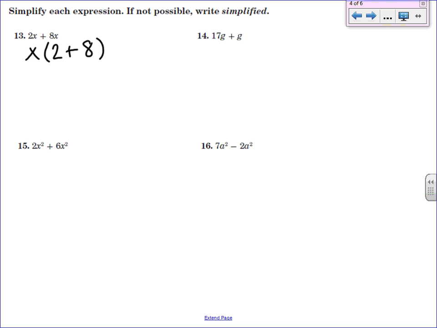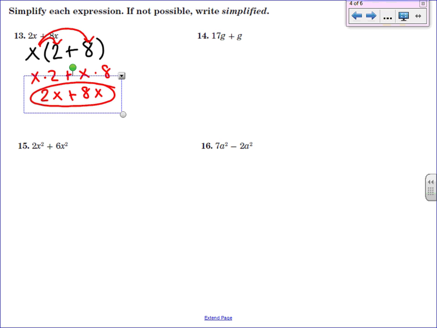And you can see, if I was to actually carry this out, that I would have x times 2 plus x times 8. And then we always put the numbers in front, so I have 2x plus 8x. Okay? So I haven't changed what I've done at all. I can get back to where I started. So the stuff in red is just to show you that I really haven't changed anything.